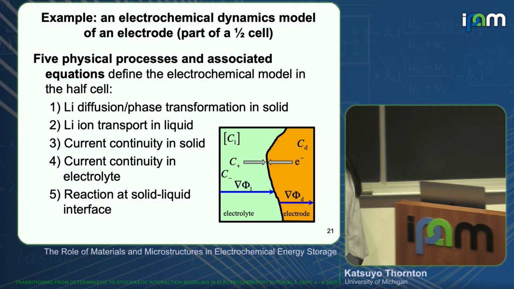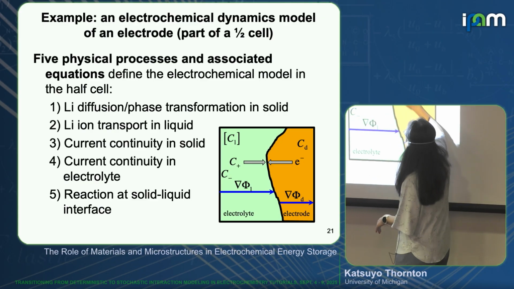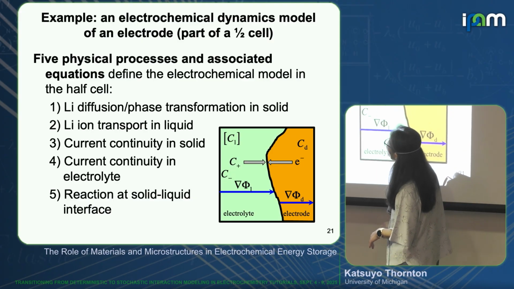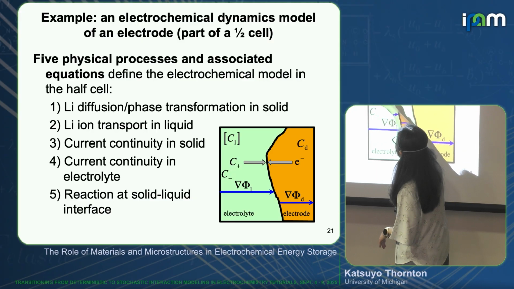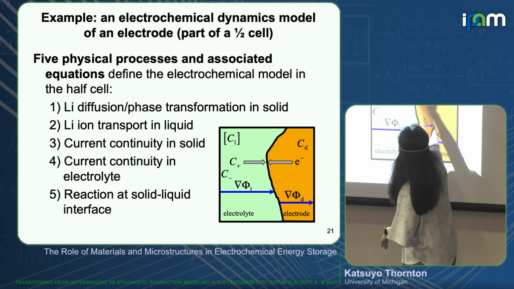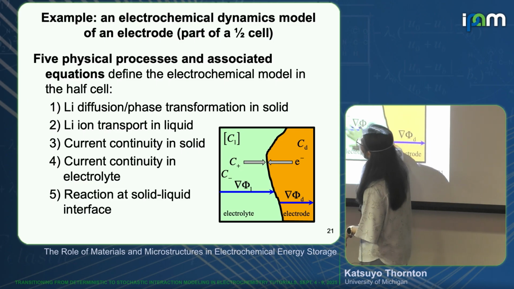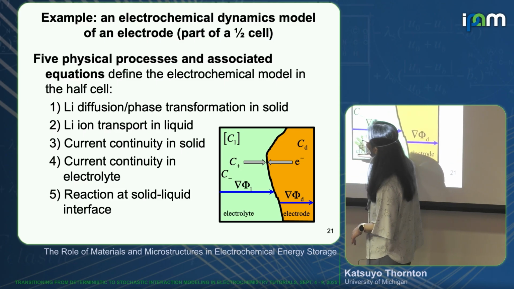So what does it look like at the end? You have the active electrode, and here's the electrolyte. So lithium diffusion and phase transformation in the solid, depending on whether it's single phase or not, and then lithium ion transport in the liquid.